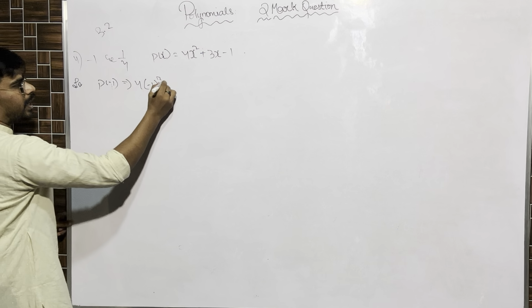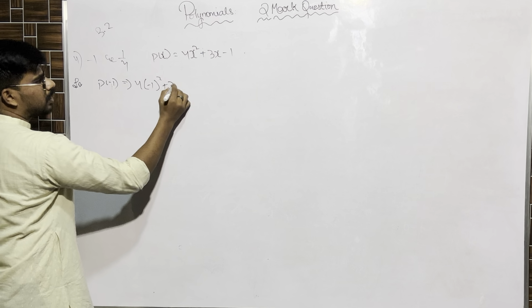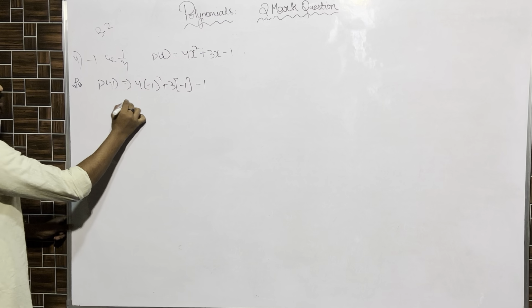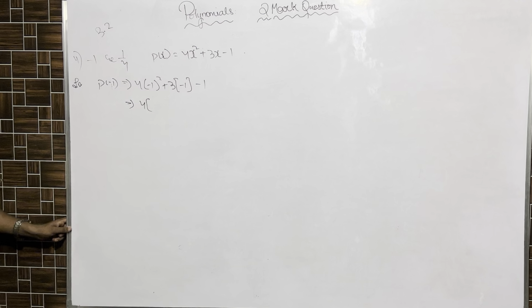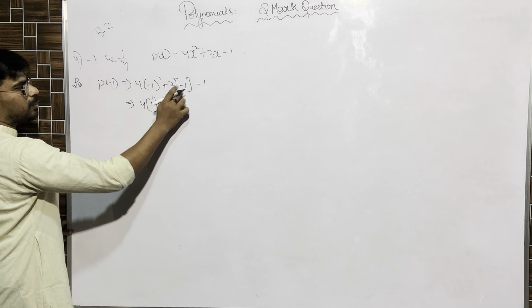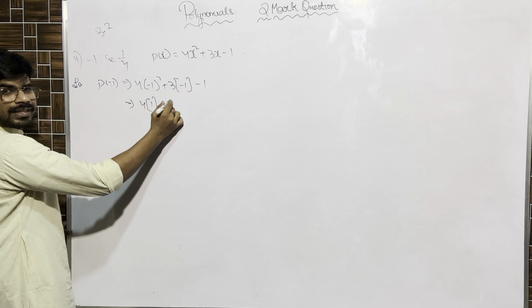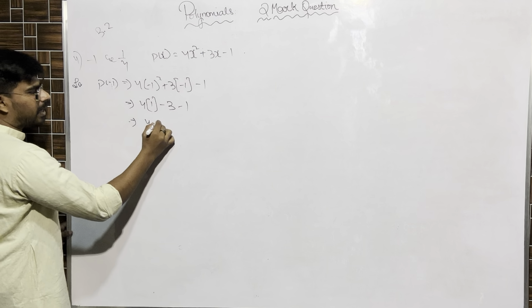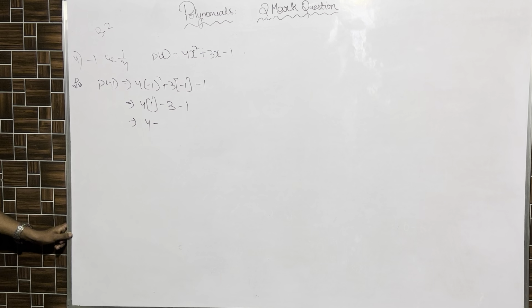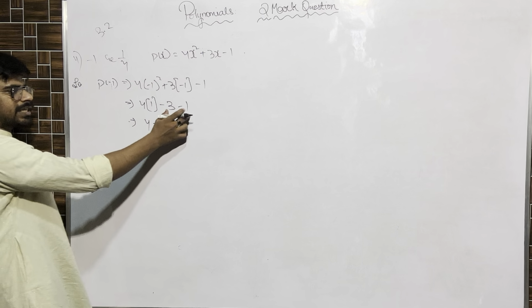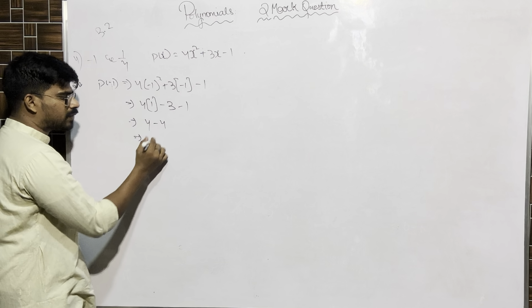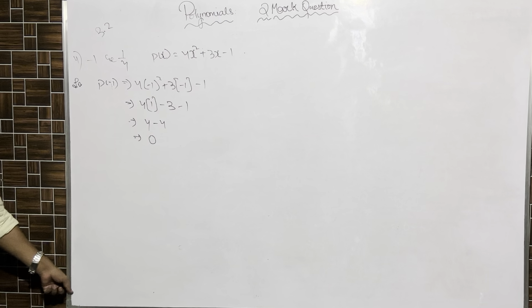Minus 1 whole square plus 3 into minus 1, minus 1. So it is 4 into minus 1 whole square, which is 1. Minus 1 whole square is 1. Plus 3 into minus 1 is minus 3, minus 1. So 4 into 1 is 4, minus 3, minus 1. Two minuses, add both of that and put a minus before. So it will become minus 4. 4 minus 4 is 0.